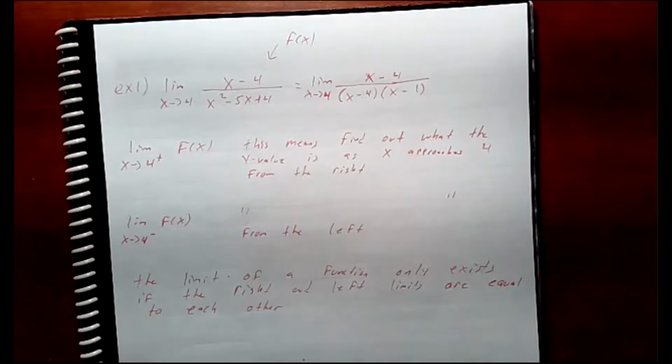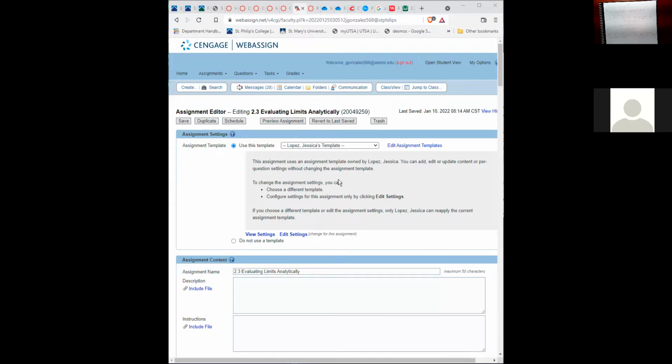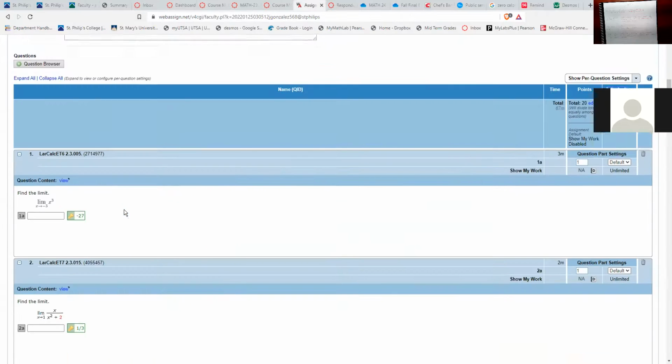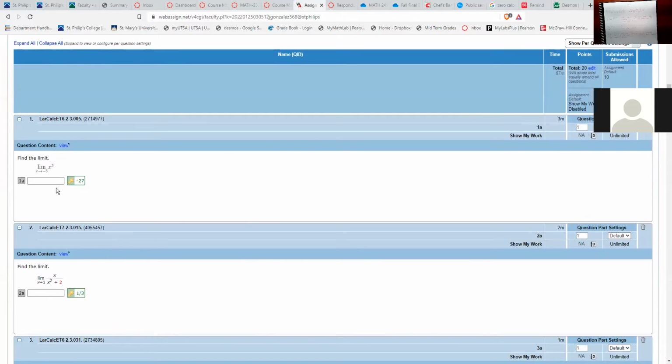Let's go ahead and look at 2.3 then. This one has some work to do analytically, so it's not a visual thing necessarily. Start off with number 1. 2.3, right?